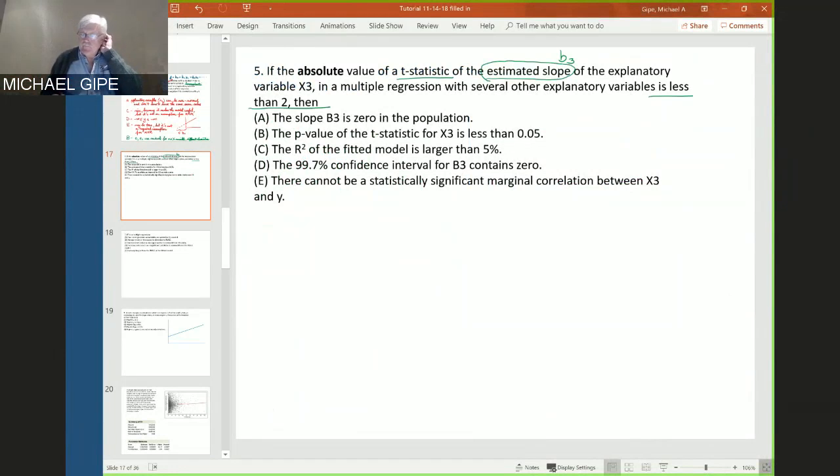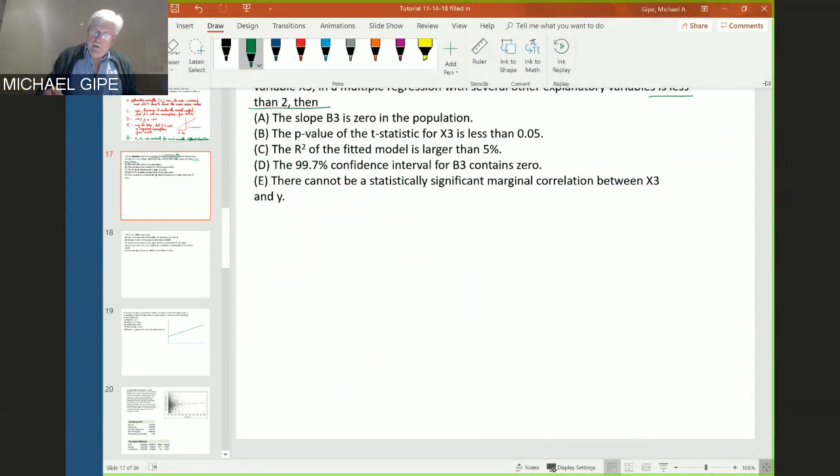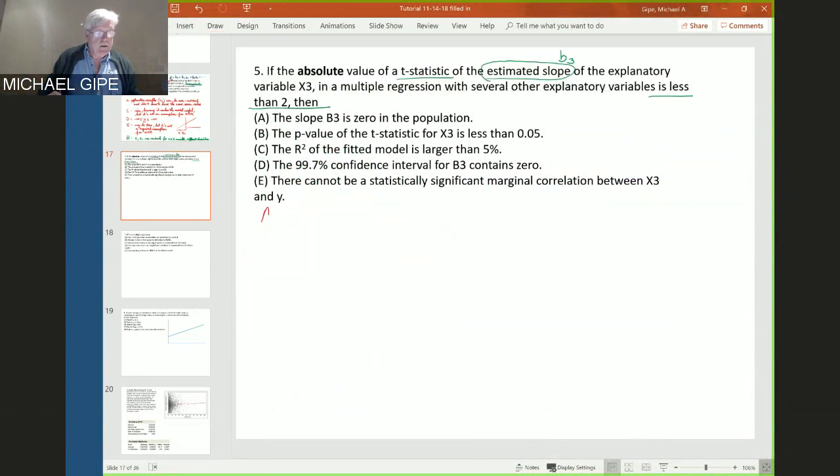Does that say the slope is 0? No, it says the slope might be 0. We can't say it is 0, but it could be 0.